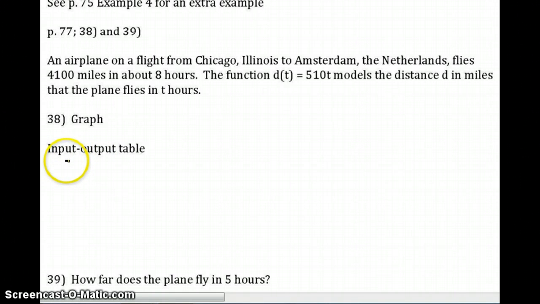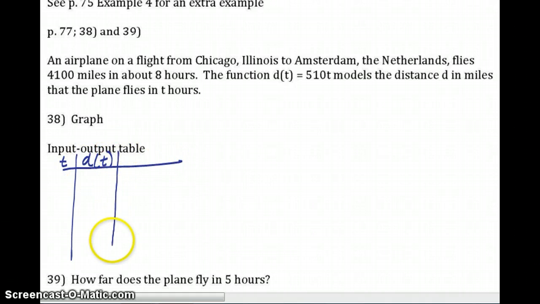So we're going to have t hours, that's our x values. We're going to have d of t, that's the distance, and any work we might have. It's helpful to use a calculator on this. And so we're going to be needing to graph this over here.